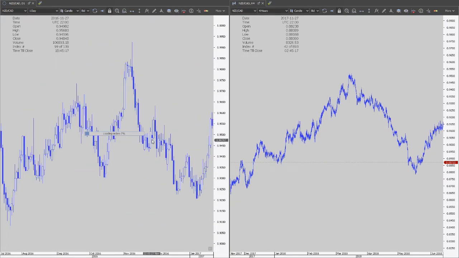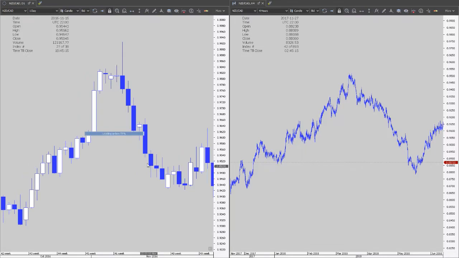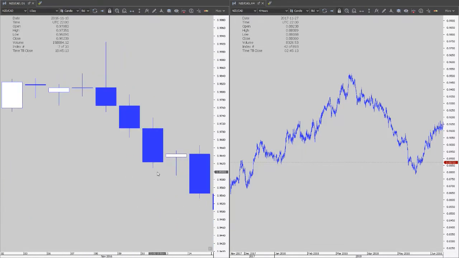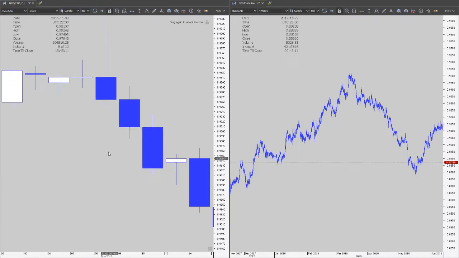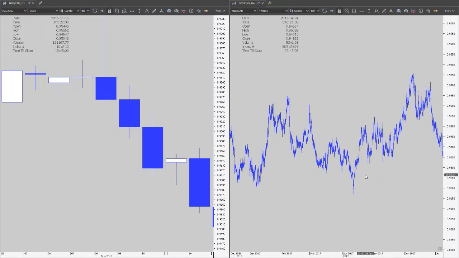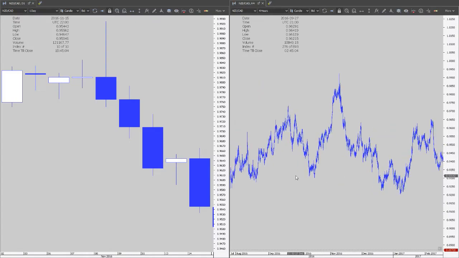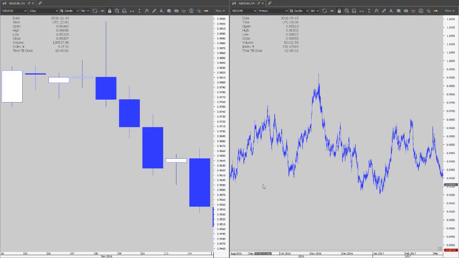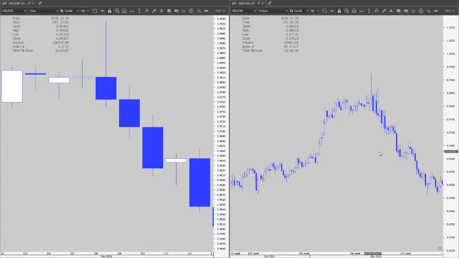Let's try to find the crown here. So what was this? This candle here was November 2016. Whoa, I'm far away. November 2006. There you go. November. Okay, we got you.